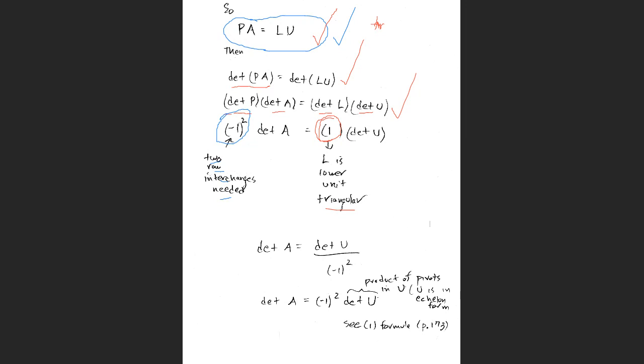And if you need R number of row interchanges on a matrix, the determinant of the matrix P is going to equal (-1)^2 because 2 row interchanges were needed. So if you take an elementary matrix and you interchange rows R times, the determinant is just going to be (-1) to the rth power.